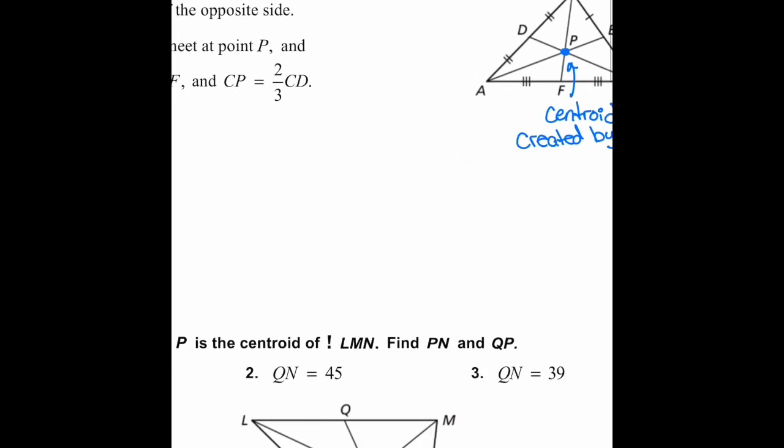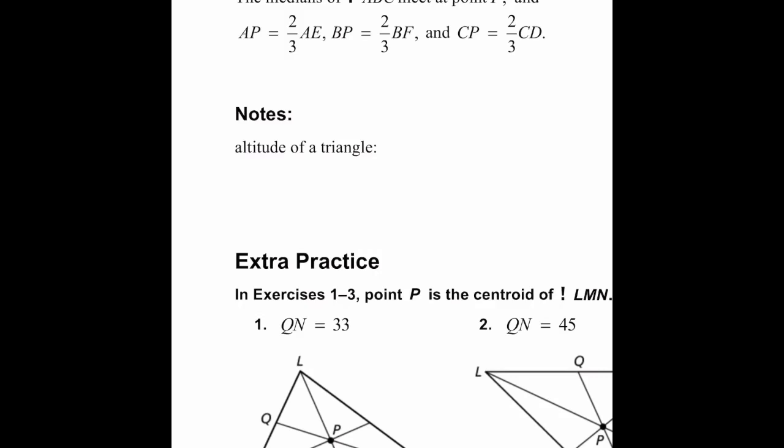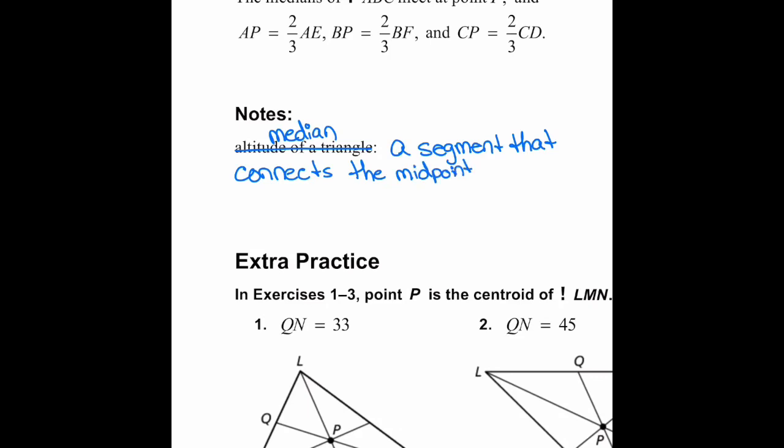What is a median? We're going to take this place where we're going to write altitude, and we're going to write the word median. A median is a segment that connects the midpoint of a side to the opposite vertex.